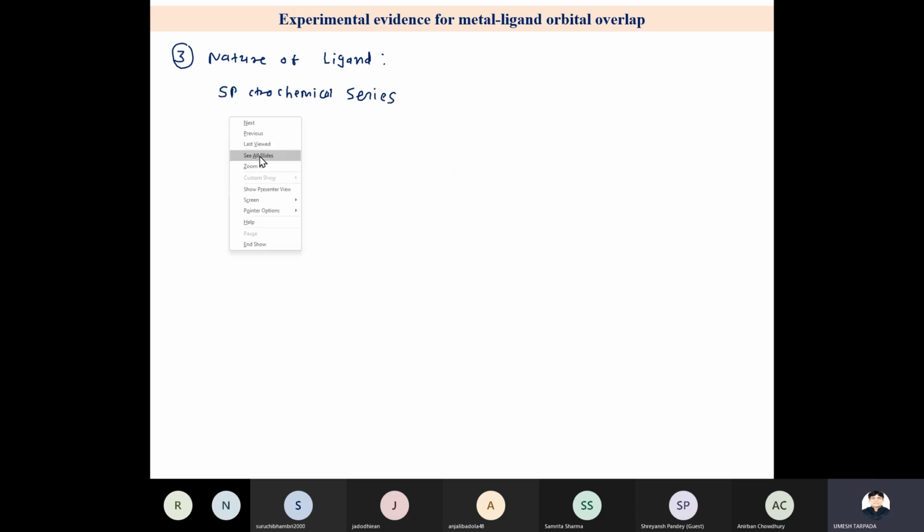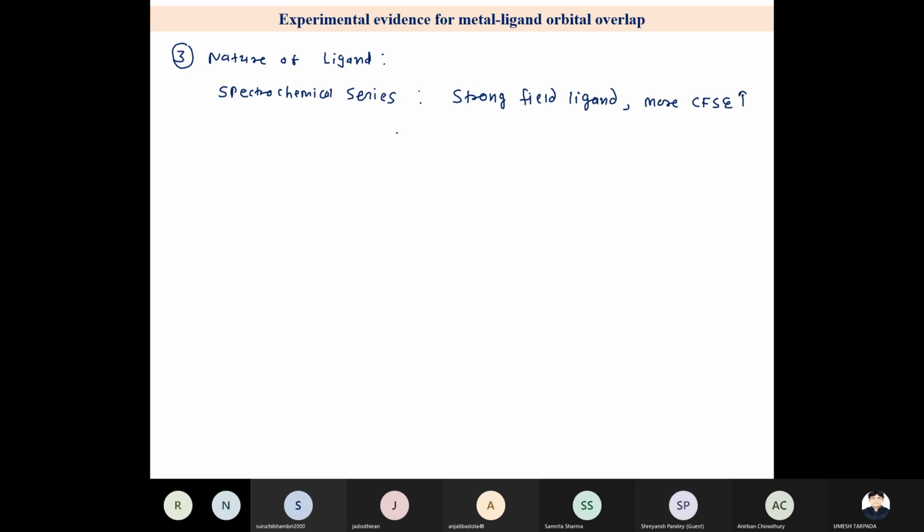Strong field ligand, more crystal field splitting, more CFSE. Weak field ligand is there, so its value is less.